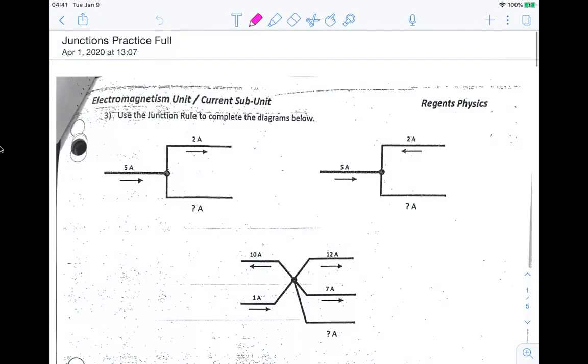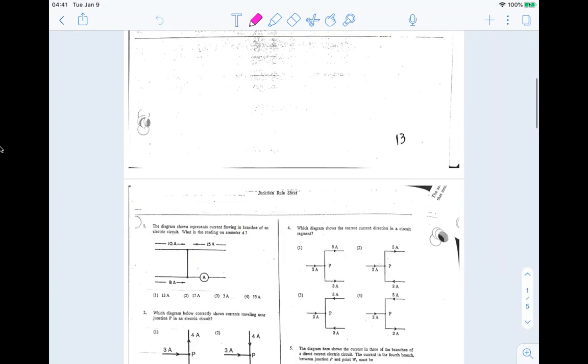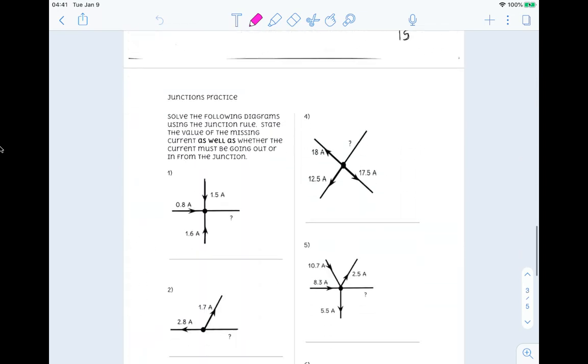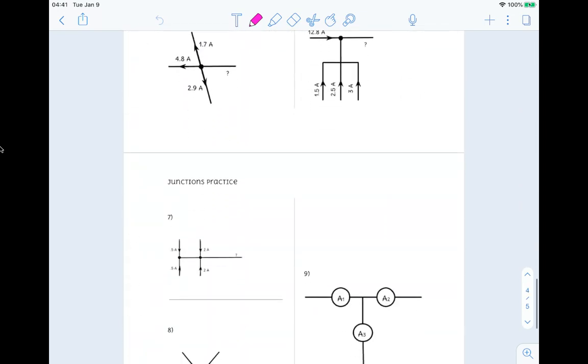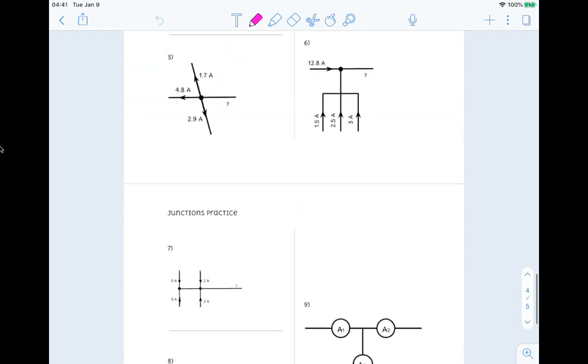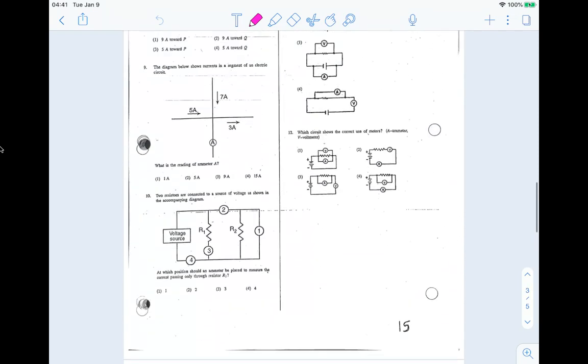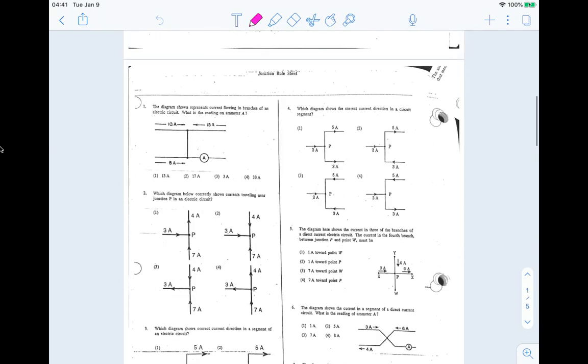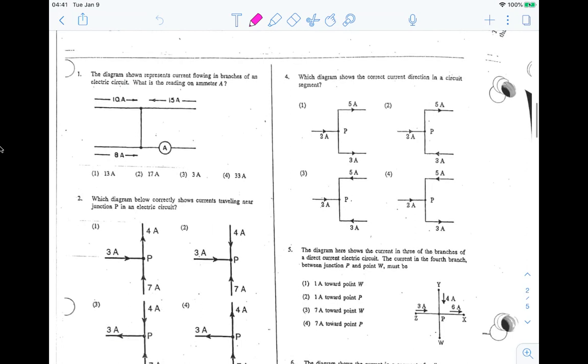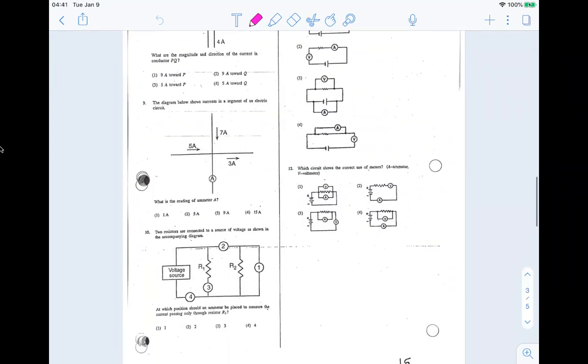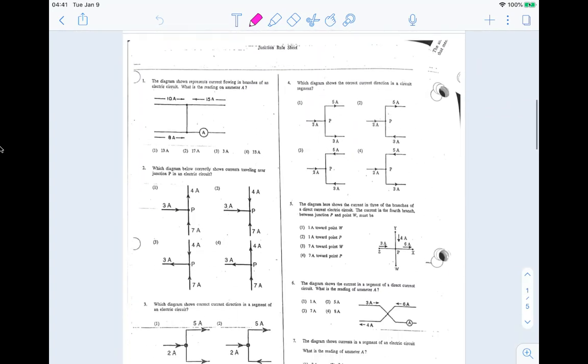Here we go. Okay, so your homework, I added some extra questions onto here. Your homework is going to come from here, but we can look at some of these multiple choice questions and do some of them together. Let's just do some of them.